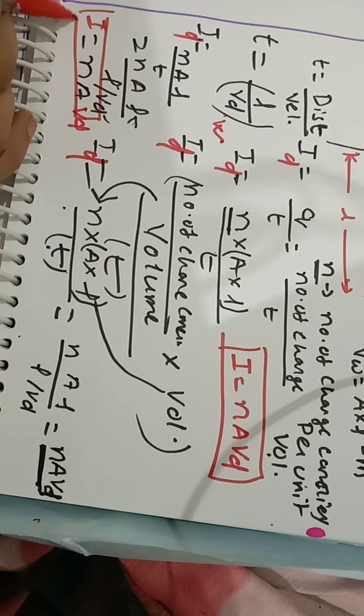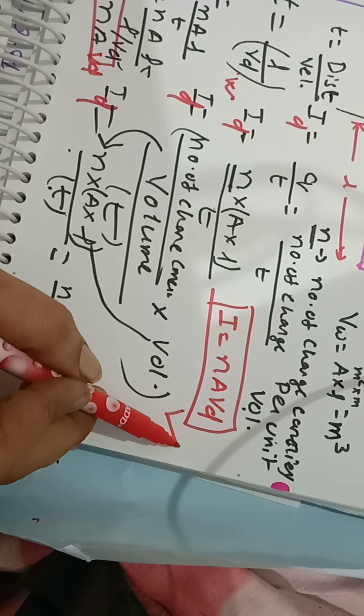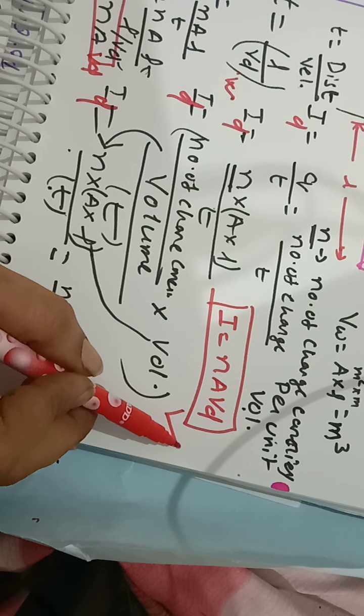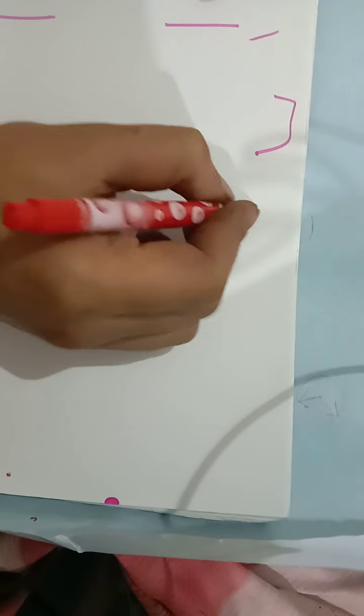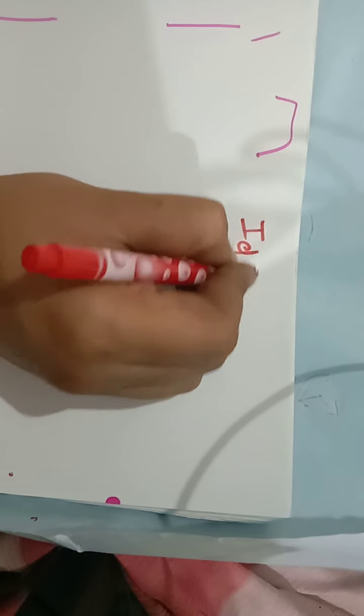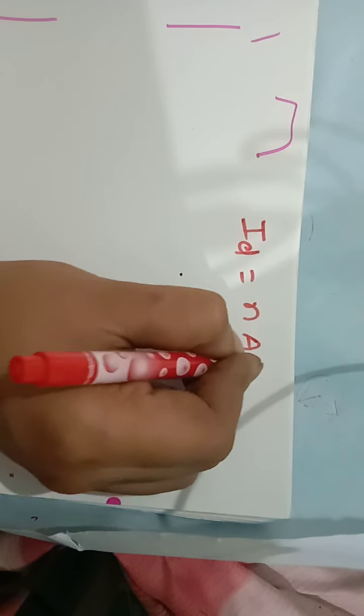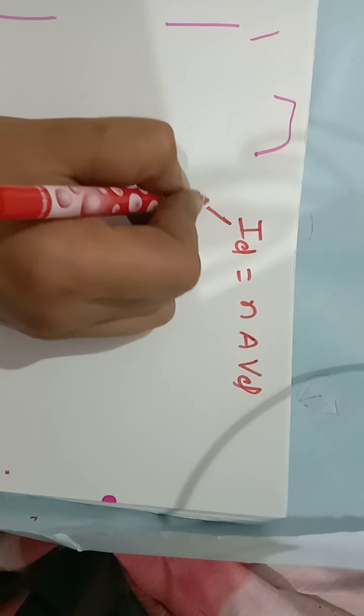Understood? The same has been explained over here. T is L by Vd, and NAVd. This was the drift current. I hope you understand that. Now, since Id is equal to NAVd, what is Id?